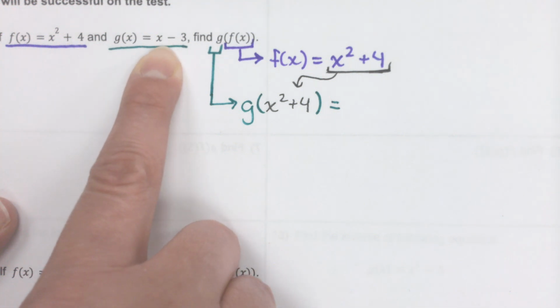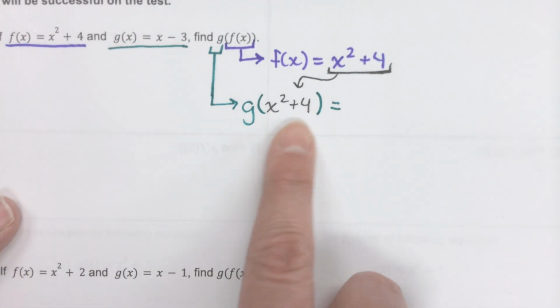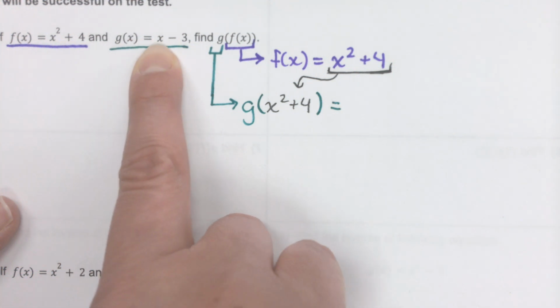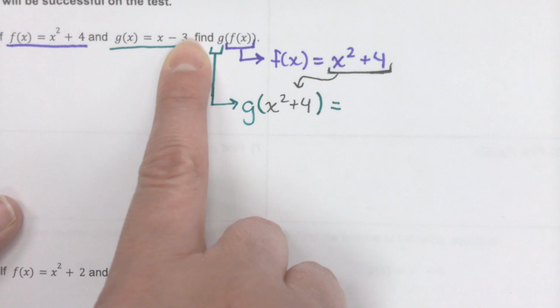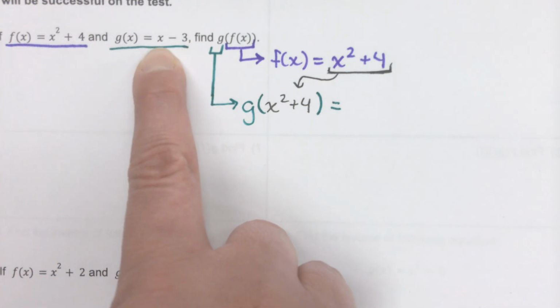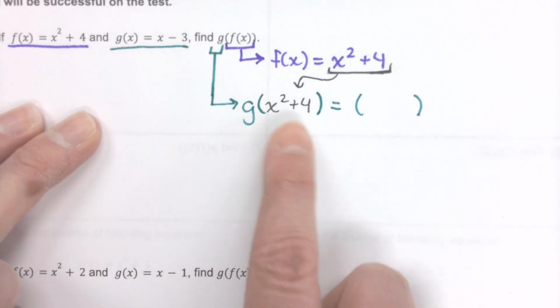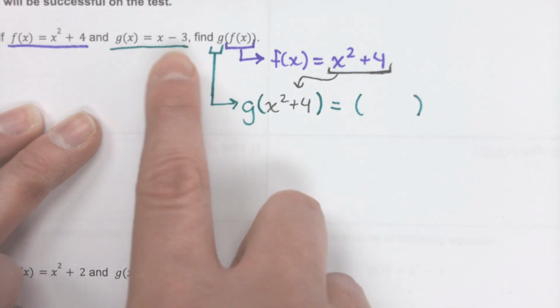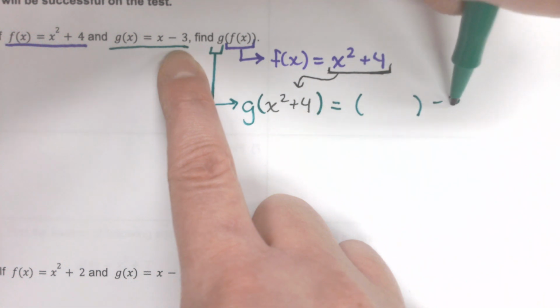From here, I'm going to write down the equation for g. Now remember, when I put something in these parentheses, it gets plugged into the x value. So instead of this x here, where we have x minus 3, I'm just going to put that parentheses instead. I'm going to replace that in there in just a moment. We have the x, which is now parentheses, minus 3 on the outside.